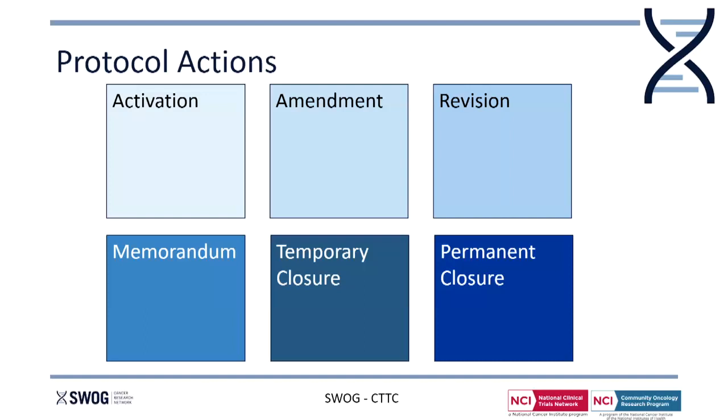And then a permanent closure, normally we always hope will occur only when we've completed registrations to the study and we've actually filled the accrual goal that the study called for.